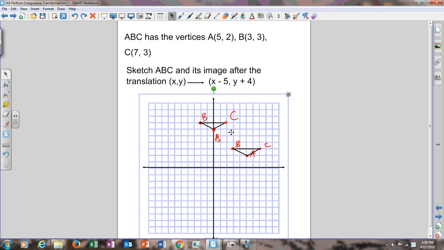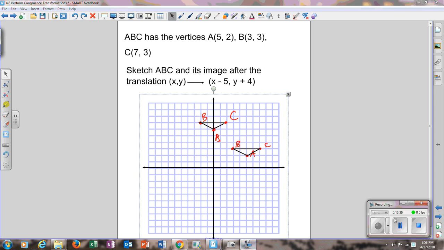There we go. Now you're good. So that's translation. It's pretty easy. All you do is move it however many units with the X and then with the Y.